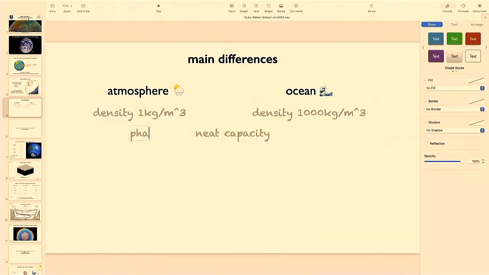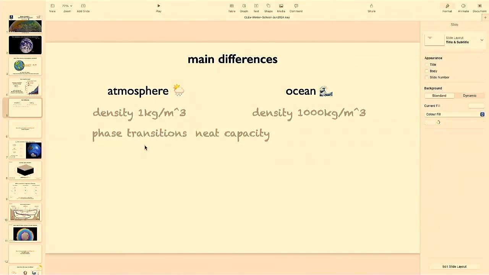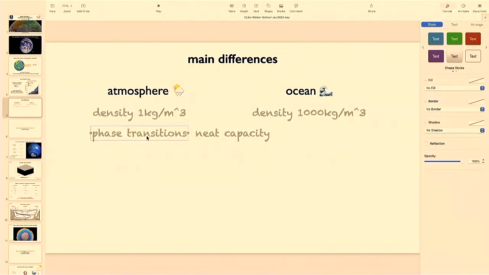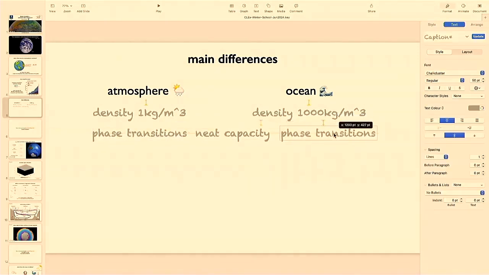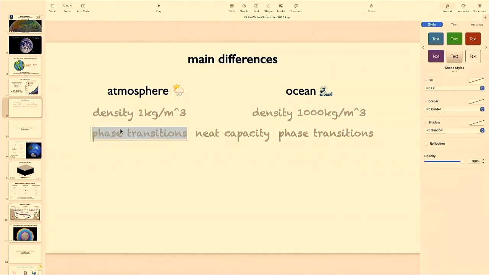Yes, phase transitions. We don't have phase transitions in the ocean. Yes, all right. We have when we start thinking phase transitions. Okay, yeah, all right. If we put ocean ice, let's do that. Sea ice.